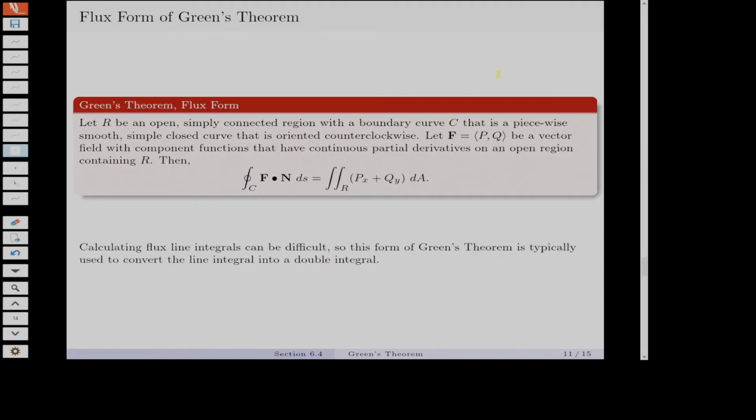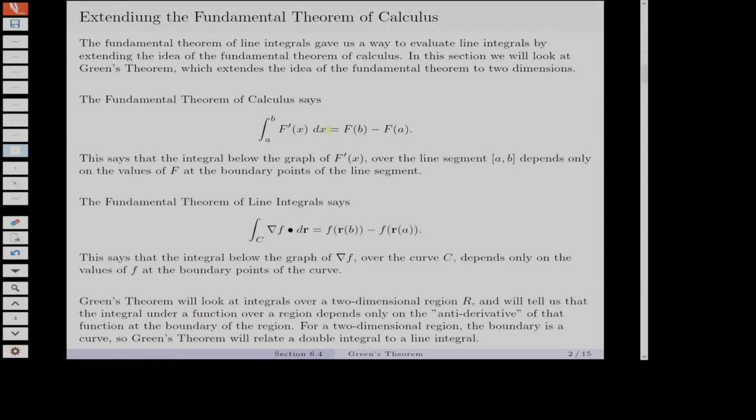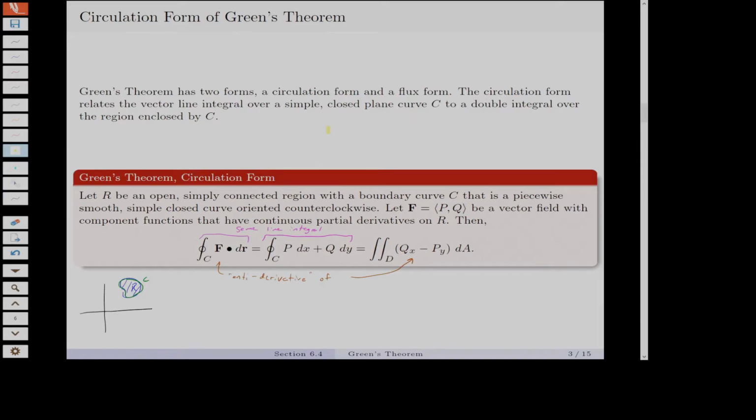In the theorem, this says that we want our curve oriented counterclockwise. And just for comparison, if I look back at the circulation form of Green's theorem, this was also oriented counterclockwise. So typically when we write Green's theorem, when I want to look at the line integral, we want to think of it always being oriented counterclockwise.